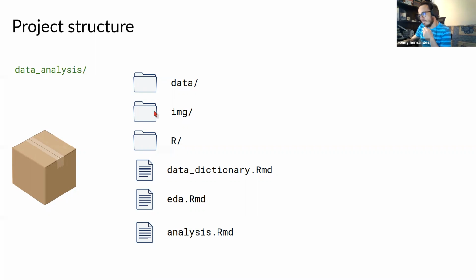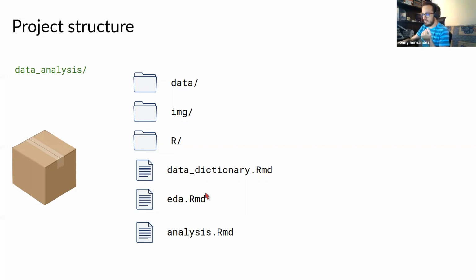I want one folder with images that I can use, like logos, plots, for example. I want a folder where I can store R files, but specifically designed for functions. And outside those folders, I'm going to have my R markdown files.